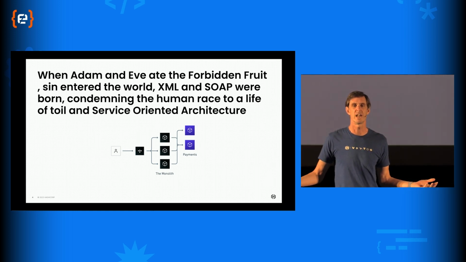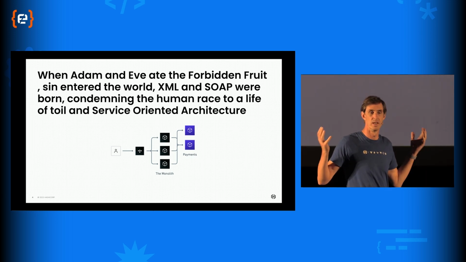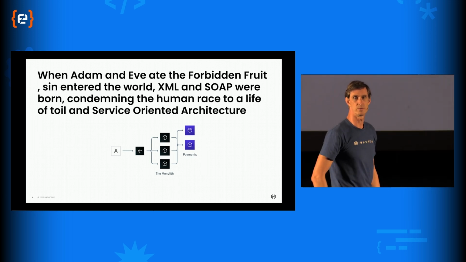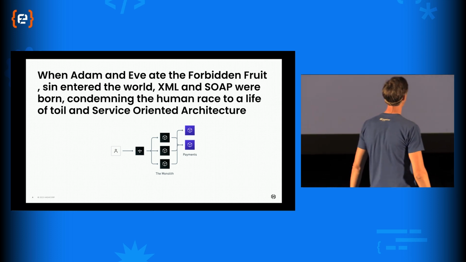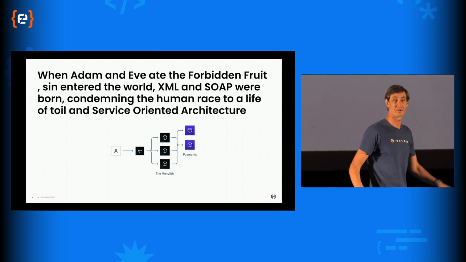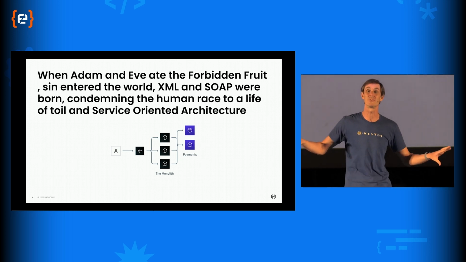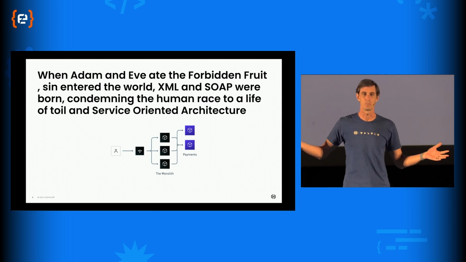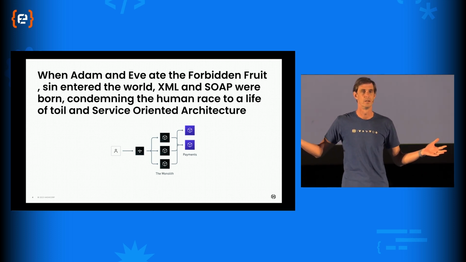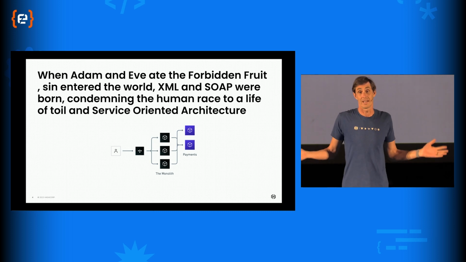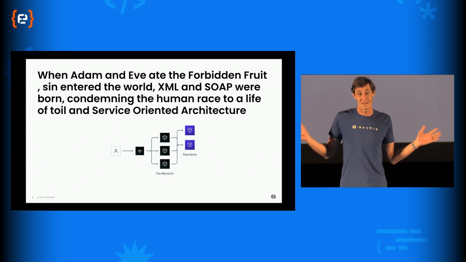Well, the biggest atrocity in the world was delivered to us all, which was XML. And SOAP-based microservices and object-oriented design. Has anybody dealt with SOAP? Okay, you know, it was good for the time.